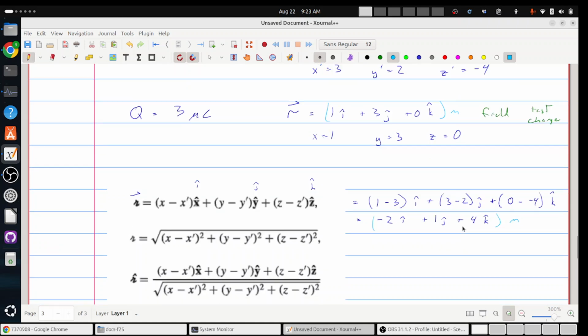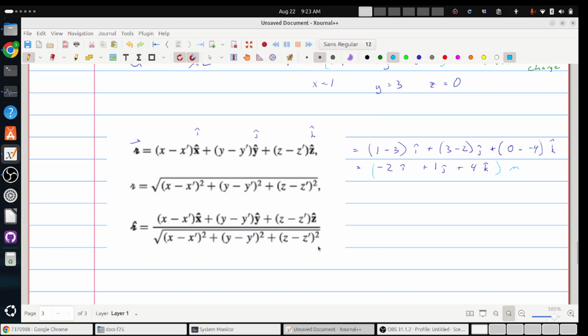Now, if I just need my separation, I'm basically doing the 3D Pythagorean theorem. So I'm taking minus 2 squared plus 1 squared plus 4 squared.